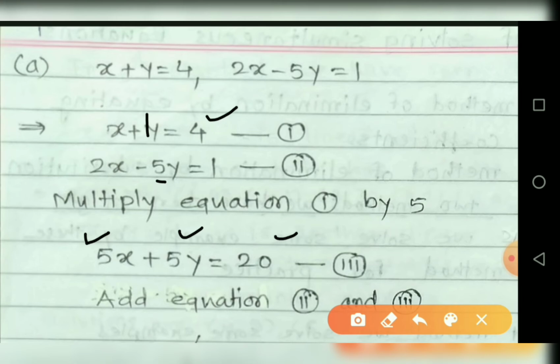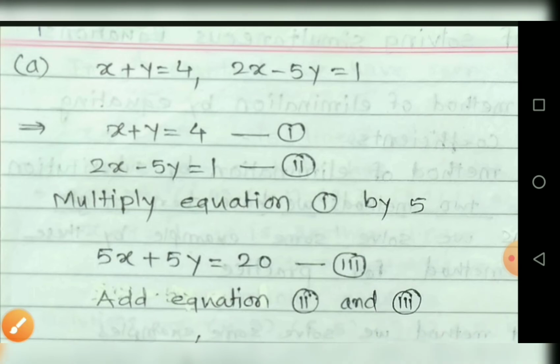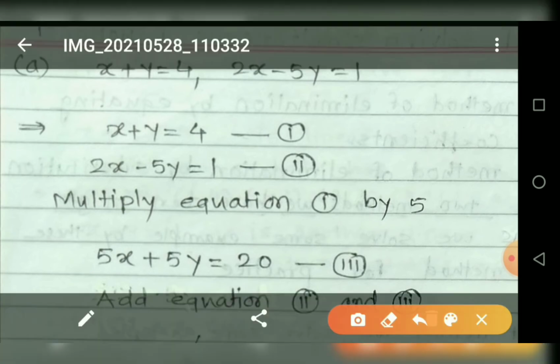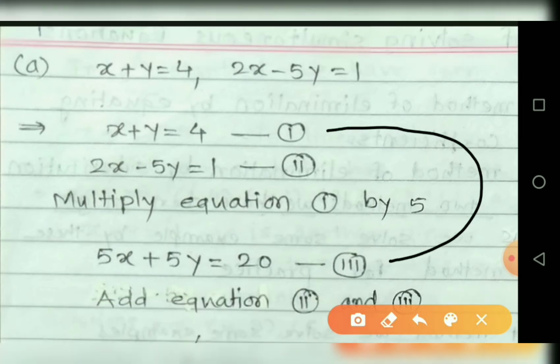Now it is the equation which is a multiple of 5, and give the number 3 to this equation. Now 1 is converted into 3, that means 1 and 3 are actually the same.